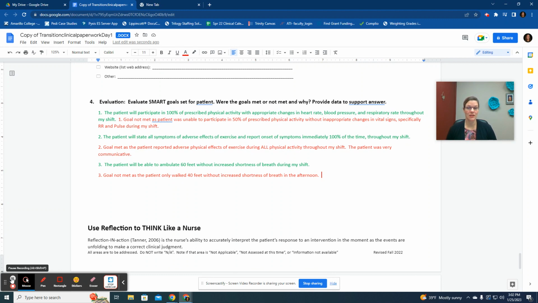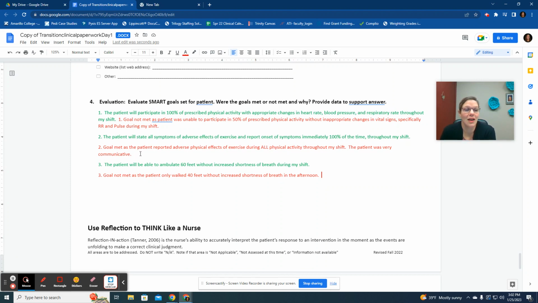I didn't have to list out the specific ways that the patient had vital signs change, but I really want to do really well on my CPEC, and so I'm going to document those things. I could have even said what the respiratory rate increased to or what the pulse increased to during physical activity. And that really might put me at a 4 in the documentation and care planning portions of the CPEC.